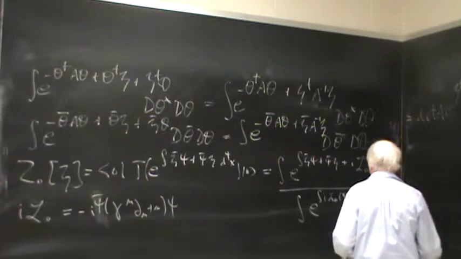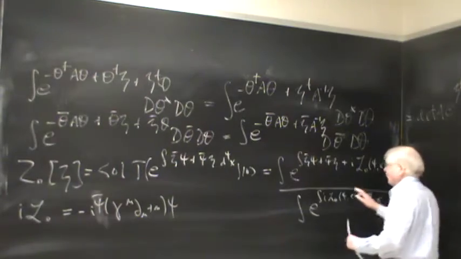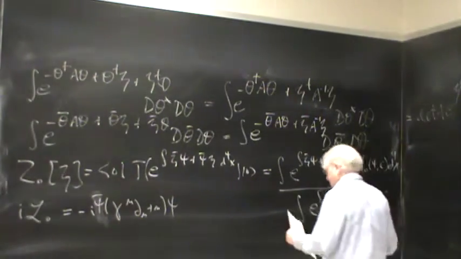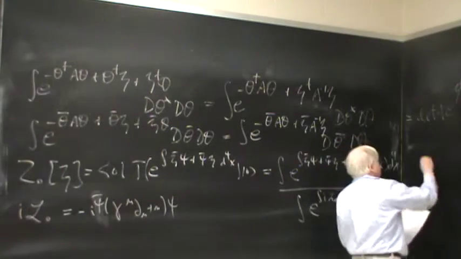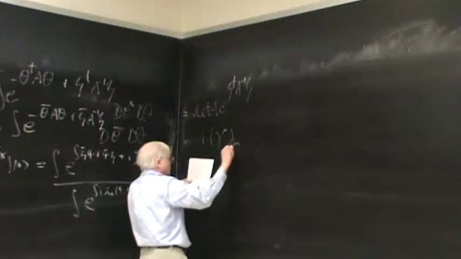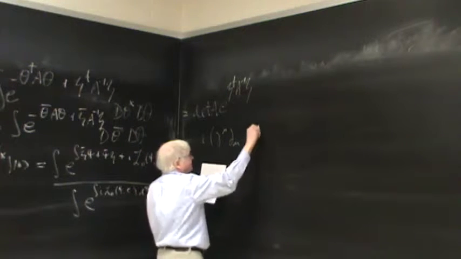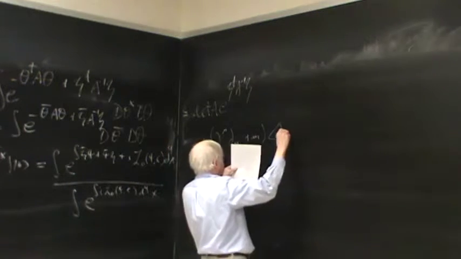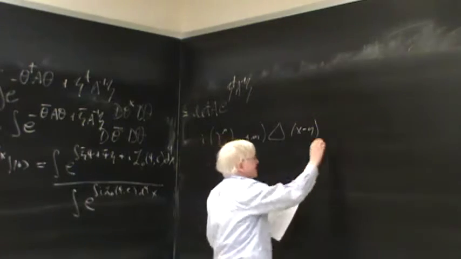In other words, what we've got here is, well, before we go to that, let me give you this identity involving this differential operator, namely i gamma mu d mu, which we could say is p slash plus m, on this delta of x minus y, and let me now define what delta is.